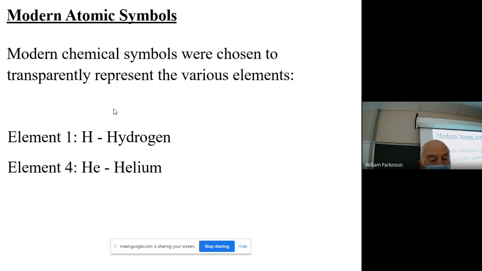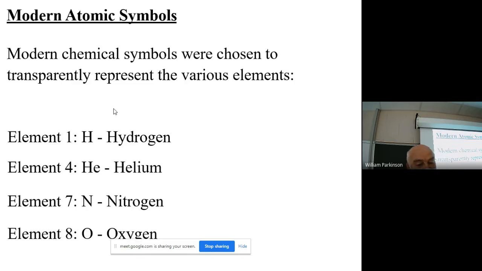And since H was already taken, they gave it the symbol He. Nitrogen is given a symbol N, oxygen is given a symbol O. So these are now completely transparent, completely understandable symbolic representations for the various elements.